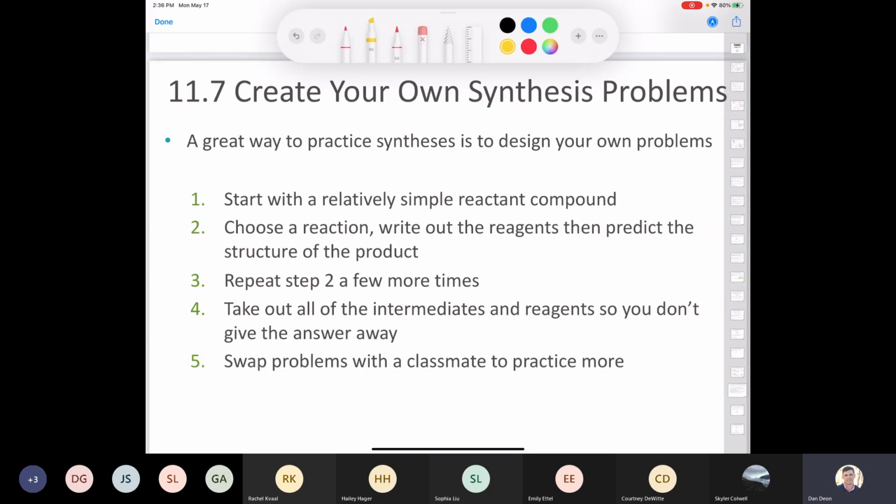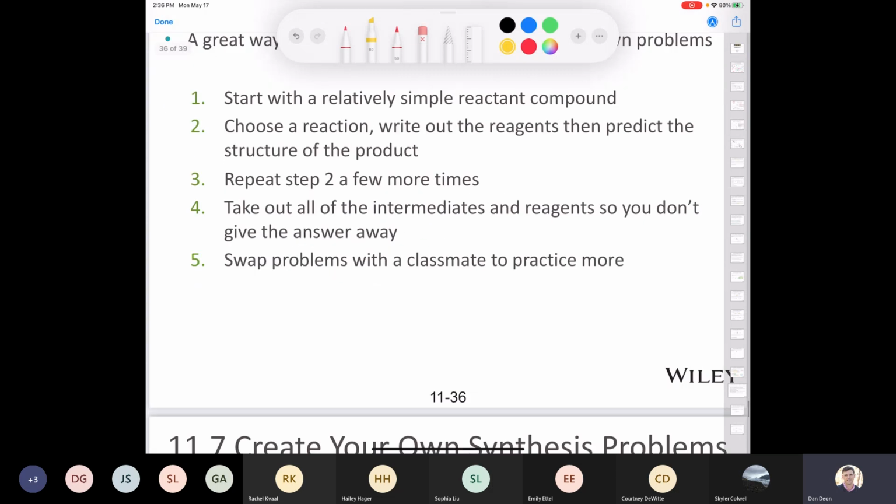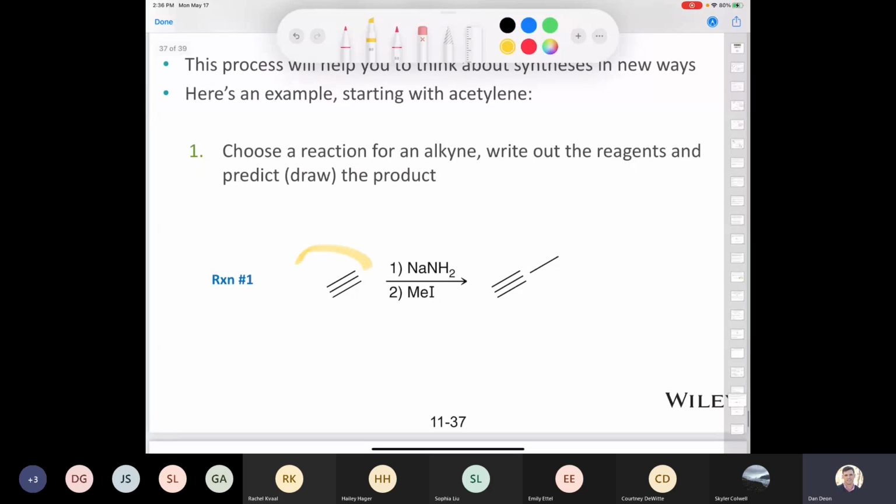Designing your own synthesis problems is something you can do if you want to. I don't force my students to do this, I don't ask them to, and I don't make them do it on a quiz or anything like that. But if you really wanted to make your own problems, if you've run out of problems, and I don't see how you could nowadays because you could always peruse the internet and look for more, you can start with something really simple and do reactions on that small molecule. Then you could trade problems with your friends. It's just an idea. Let's say you started with acetylene.